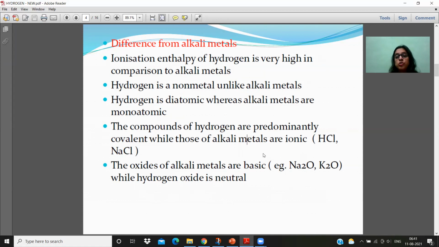HF also shows hydrogen bonding, but it is covalent, and HBr, HI, all of these are covalent compounds.